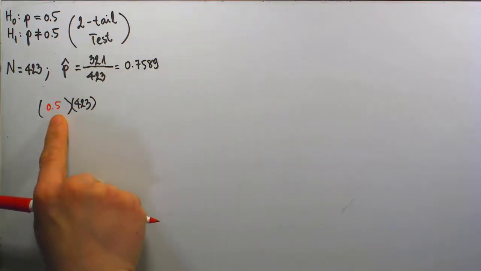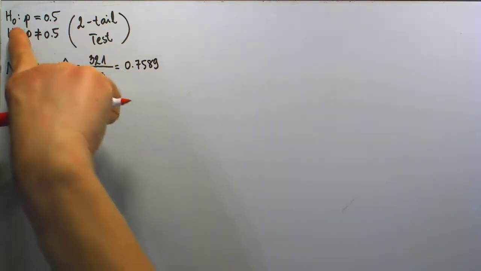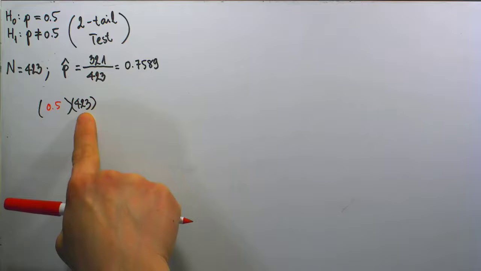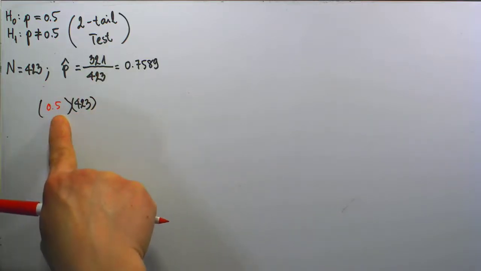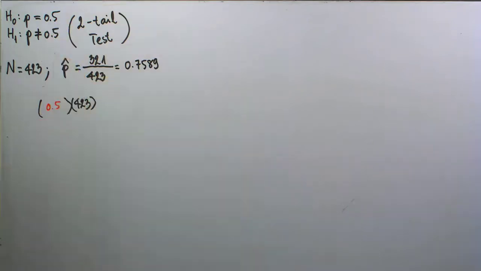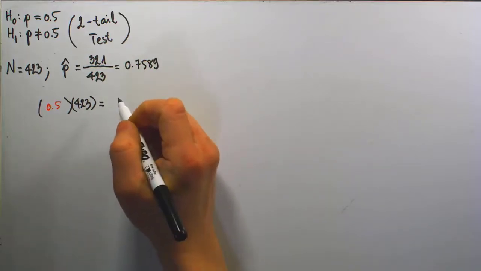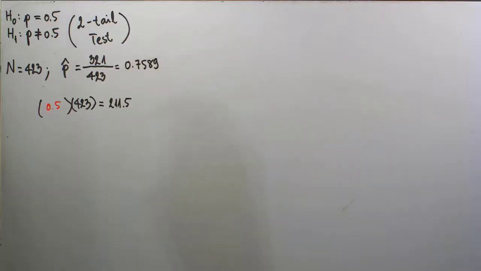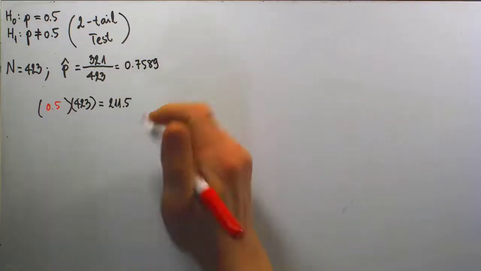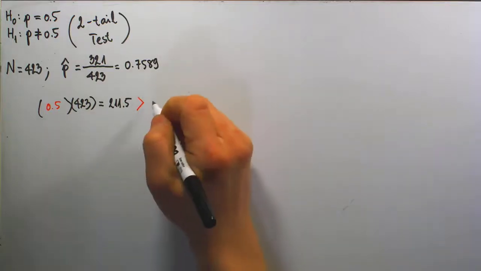This is the value that's claimed or stated in our null hypothesis. So the sample size multiplied with the claimed value in the null hypothesis. This product came out, according to my calculation, 211.5, and it is a product that is greater than 10.